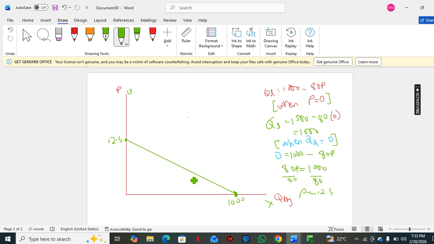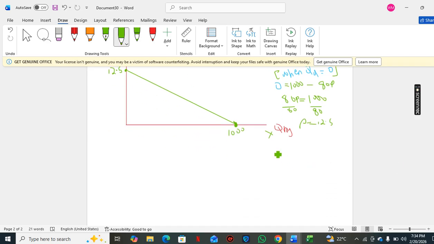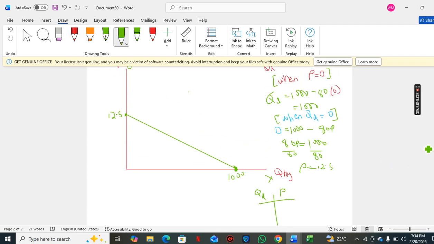The long cut is this. When you see in your books, they say demand schedule. You just start guessing numbers for P to find out what value of QD you get.